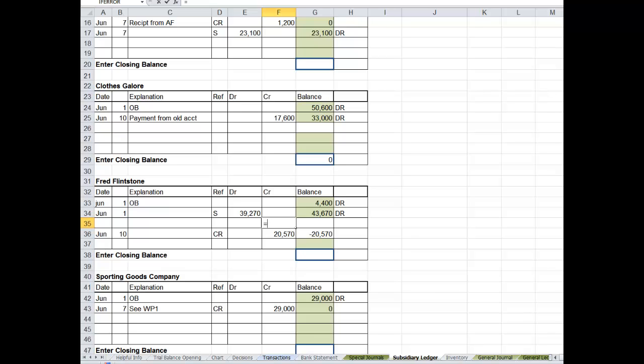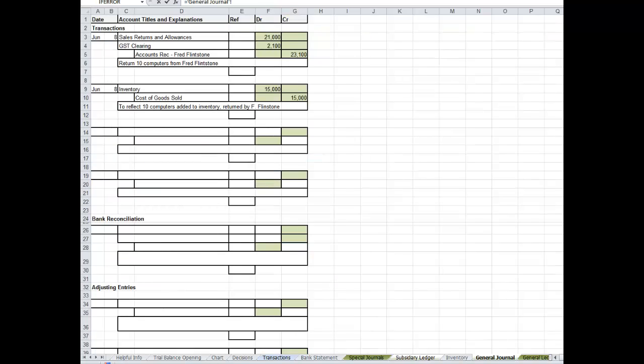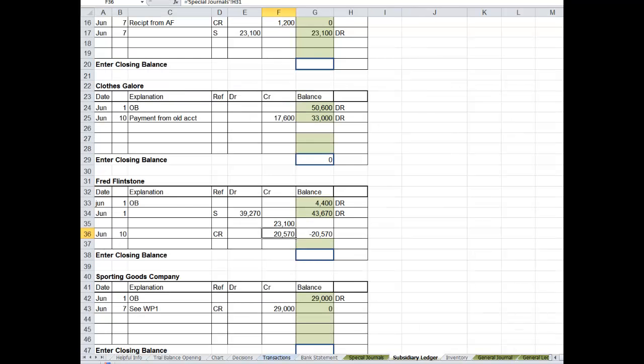So, General Journal, Fred Flintstone, accounts receivable 23,100, and we'll post that down, and now we'll see those items work. June, I'm not sure what date there was, I better look. This is the General Journal, or G1.